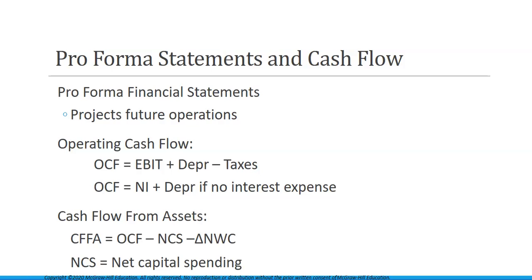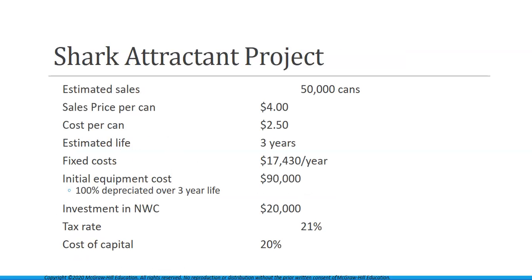Our cash flow from assets is the operating cash flow minus the net capital spending minus any change in net working capital. For this example, we're creating a product for the market that is a shark attractant, and it comes in a spray can. We're estimating that we're going to sell 50,000 cans, that the project is going to have a 3-year useful life, and then people are going to move on to another novelty product.